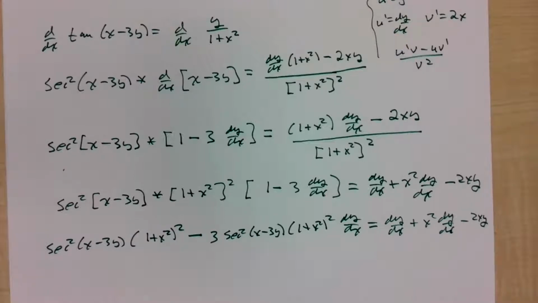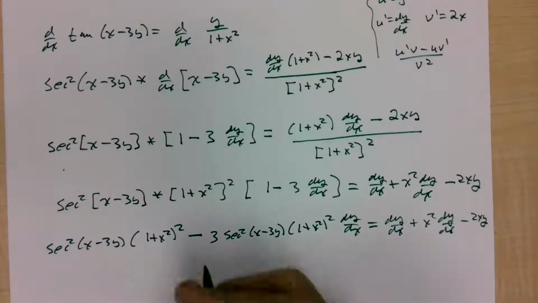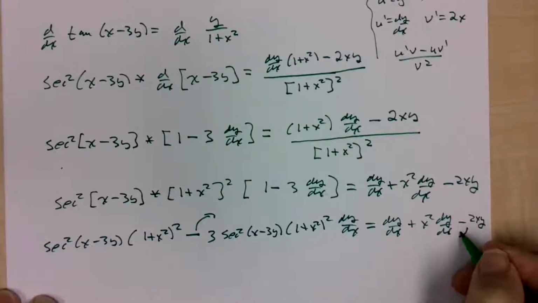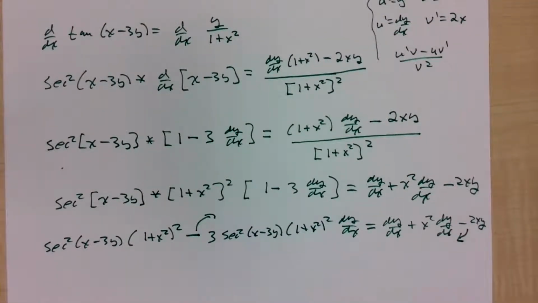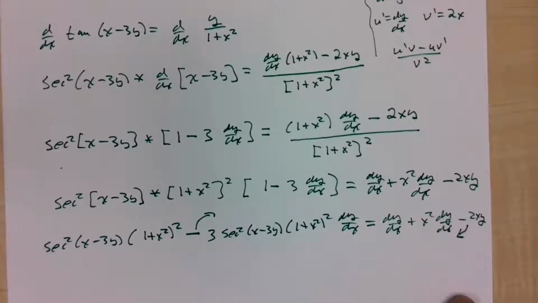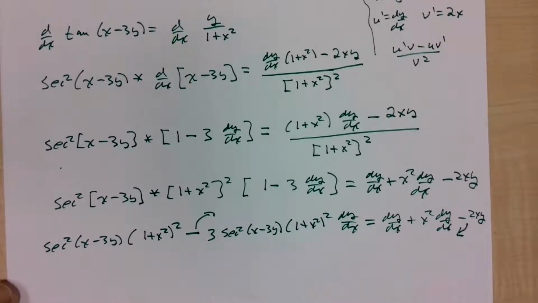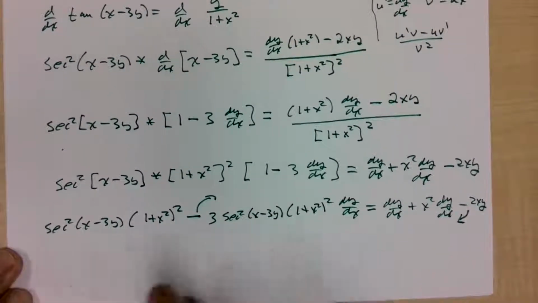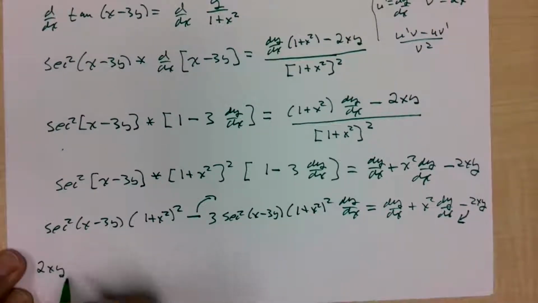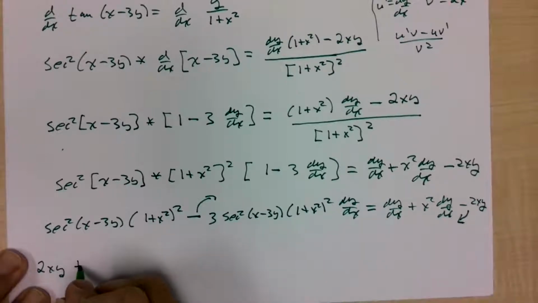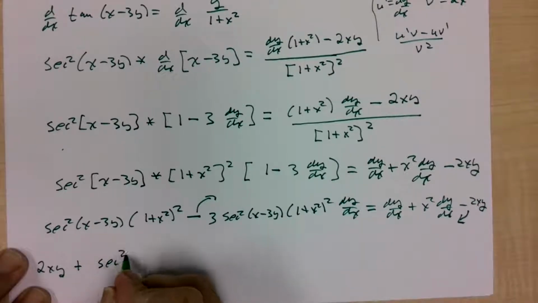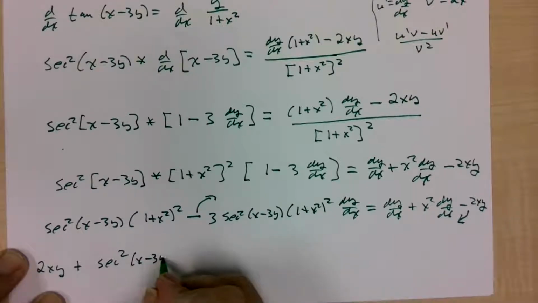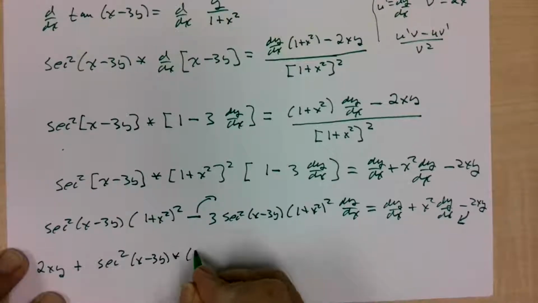Let's get all of the dy/dx's on the right side. So I will move this to the right side, and all of the non-dy/dx's on the left side. I'll move that negative 2xy to the left side. So what I am left with is the negative 2xy comes over to the left side, becomes positive 2xy plus secant squared x minus 3y, all times (1 plus x squared) squared.